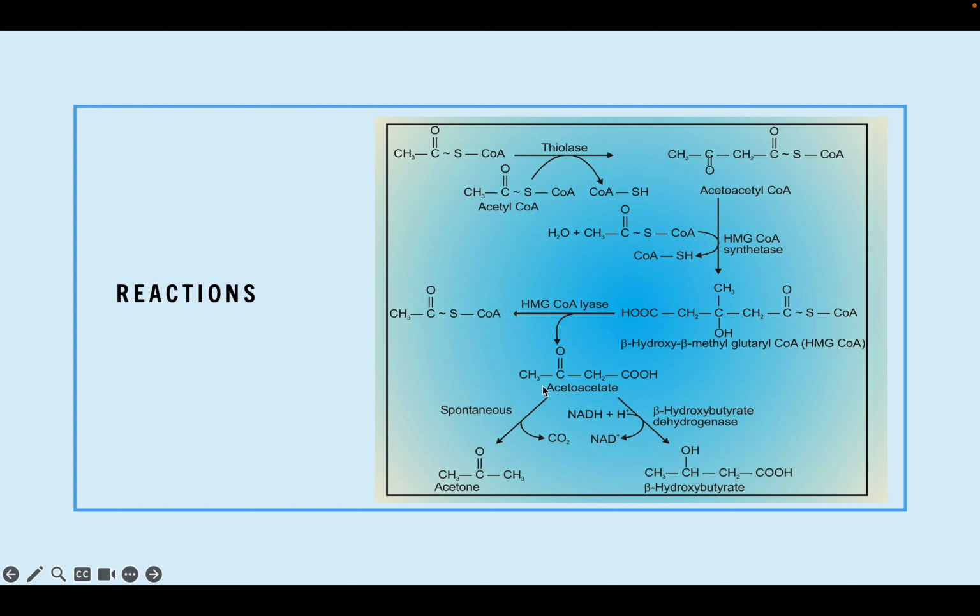So acetoacetate is the major ketone body which can be converted to acetone and beta-hydroxybutyrate.